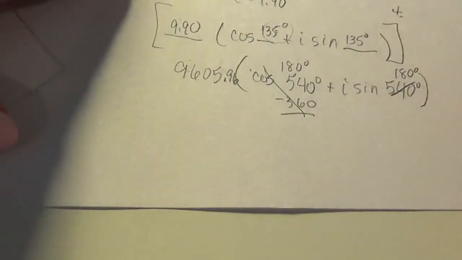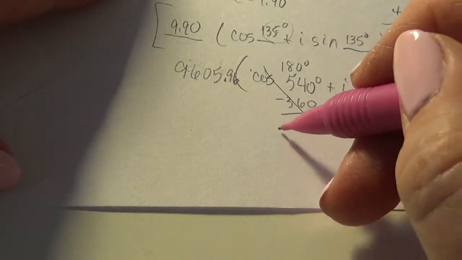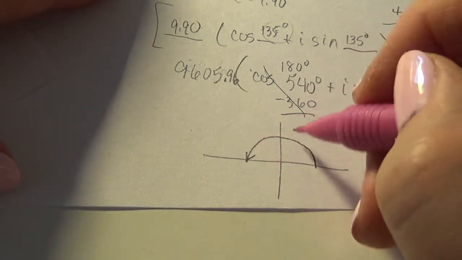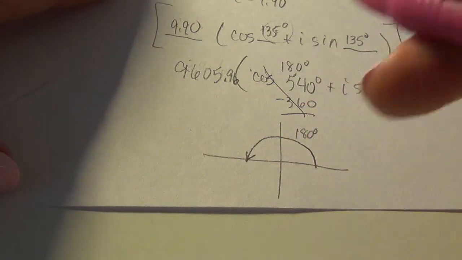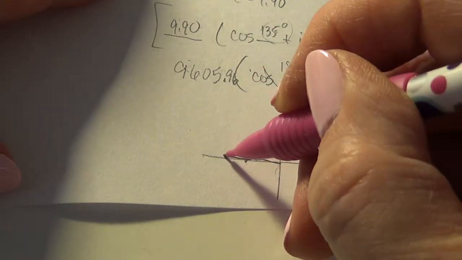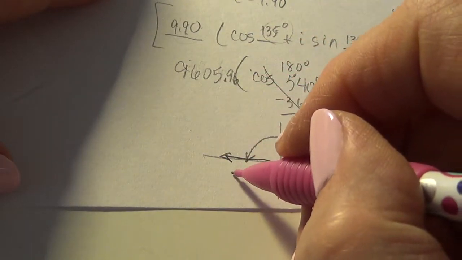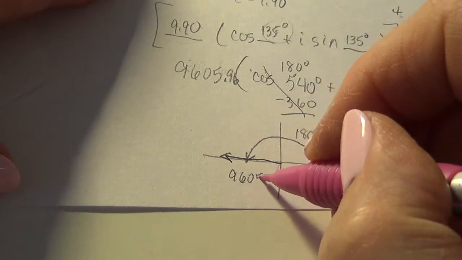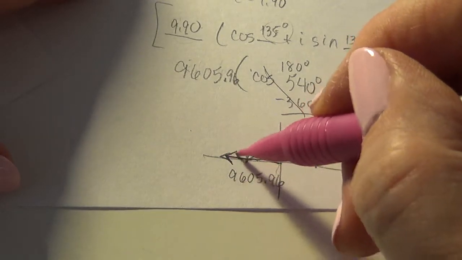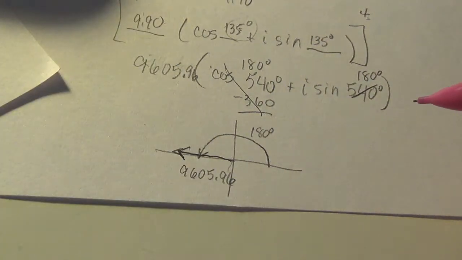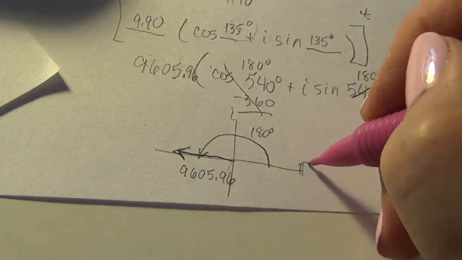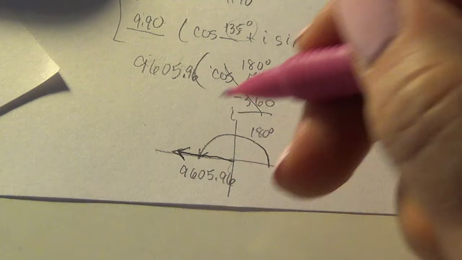So to go back to standard form from this, we see that 180 degrees puts us right there. And at that point, this magnitude from the origin is 9605.96. But you can see, to put that in i and r, in the real part and the imaginary part, there's no imaginary part because we don't go up or down, we just go to the left.